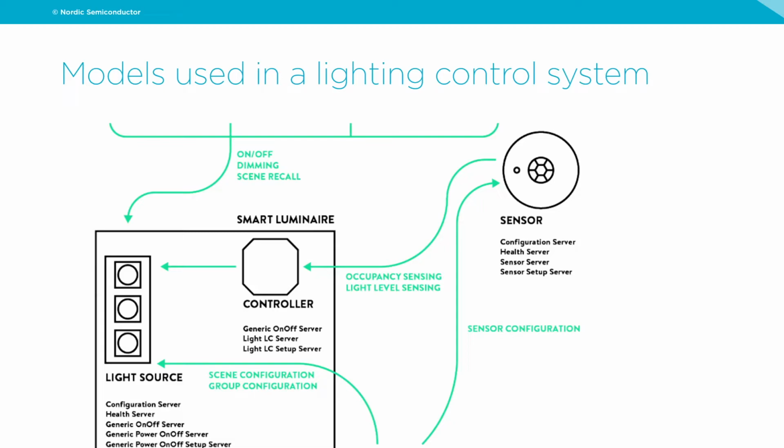Or you can use the light level sensing to understand if the room is already lit from sunlight, for example, and then you can control the light output based on that information. This is implemented with the sensor server and the sensor setup server, which allows you to set certain parameters of the sensor itself.